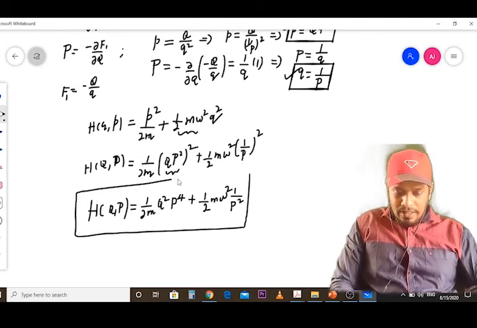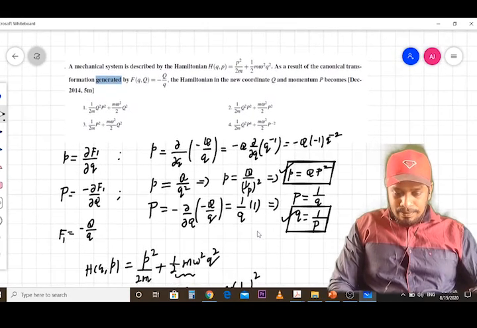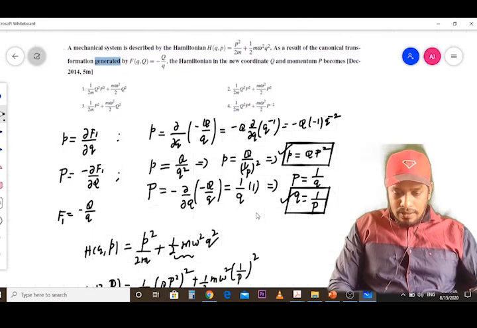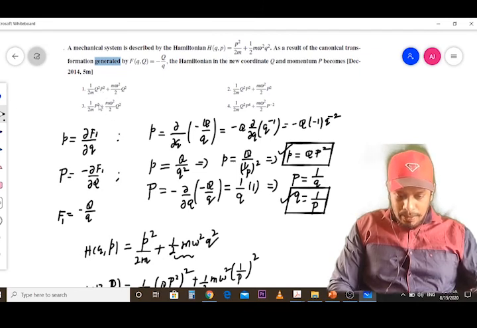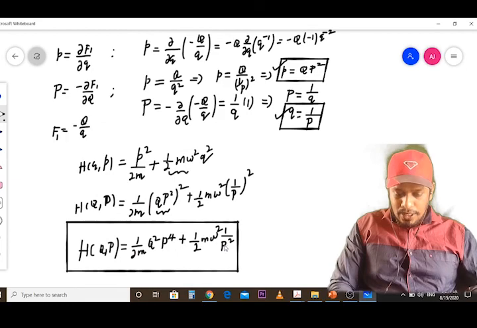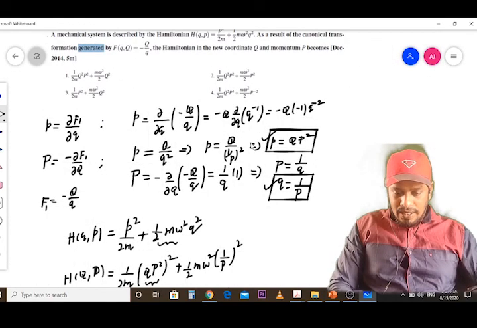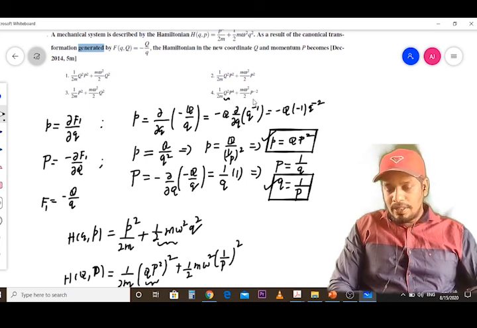Maybe we can check which one is right. See here, there are four options given. Actually P square is in the denominator, so it is P power minus 2. Looking at the options, the others have P power plus 2. The only option is, if you push this P square to the numerator, it will be P power minus 2: Q square P power 4 over 2m gives the first term, and the next term is m omega square divided by P square, or P power minus 2.